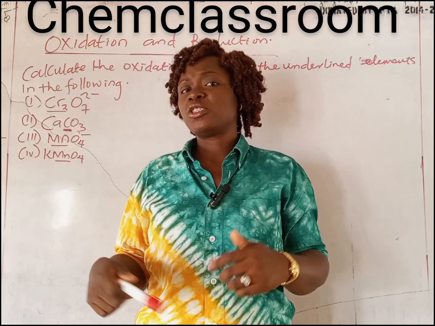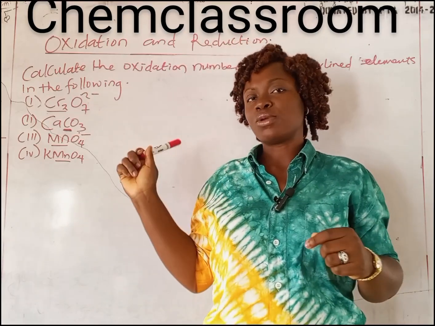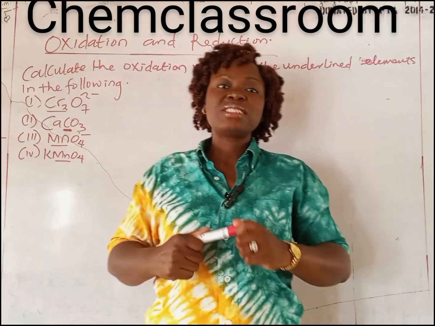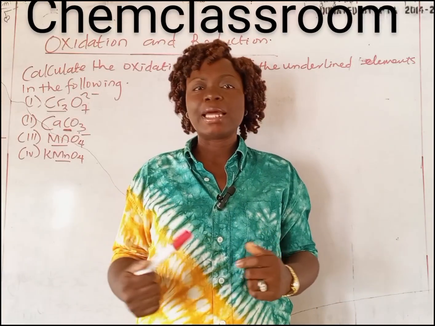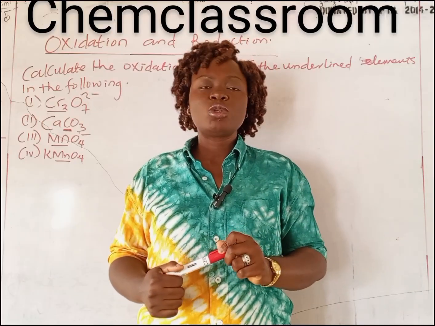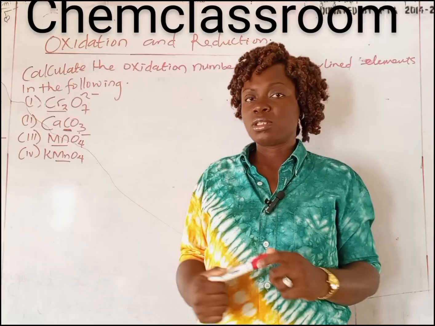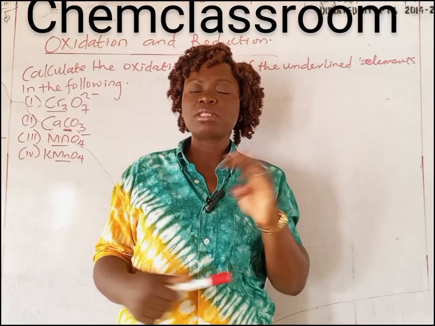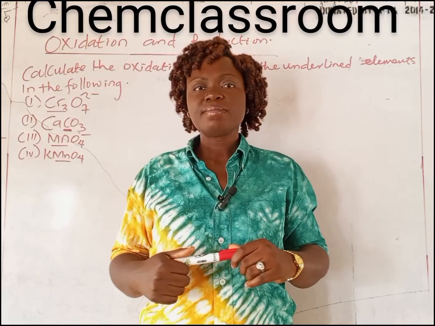We have been talking about oxidation number and valency, and I discovered that we have not done calculations on the oxidation number, and we need this understanding before we go to balancing of redox reaction. So we are going to be doing two things right away: giving the definitions of oxidation and reduction in about 4 ways, then we'll calculate what we have on the board.